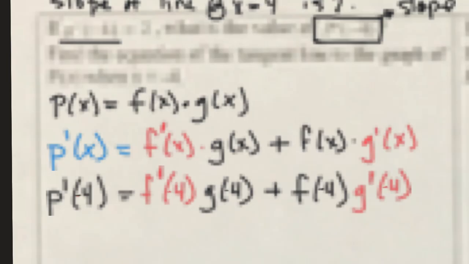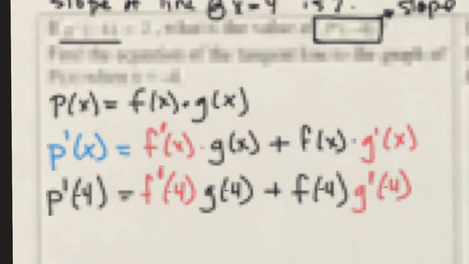It's muy importante to understand, when we're taking an F prime, we're looking for the slope of the line when x equals -4. And when we're taking G of 4, that's the Y value from your graph when x is 4. So a Y value versus a slope.